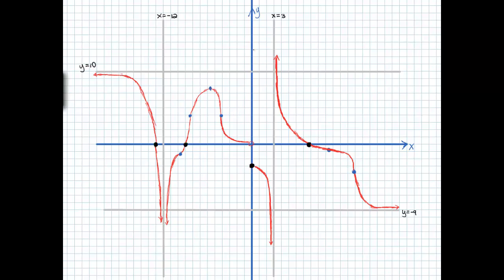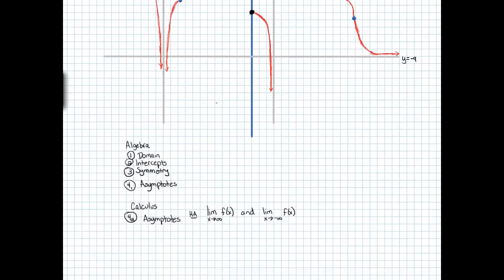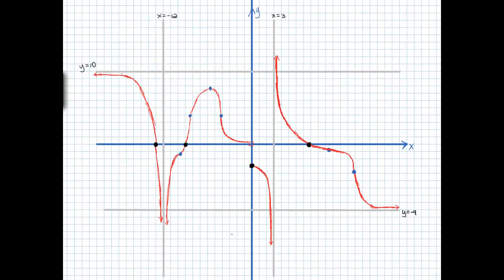So let me write that down again for calculus. So for vertical asymptotes, we just investigate the limit as x approaches that asymptote from the left and from the right. So in this case, for our function, I would take the limit as x approaches negative 12 from below and then negative 12 from above and see what that behavior is.